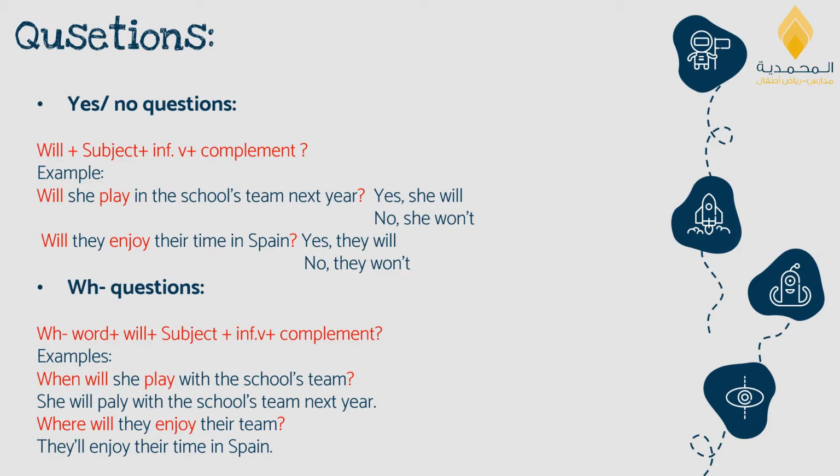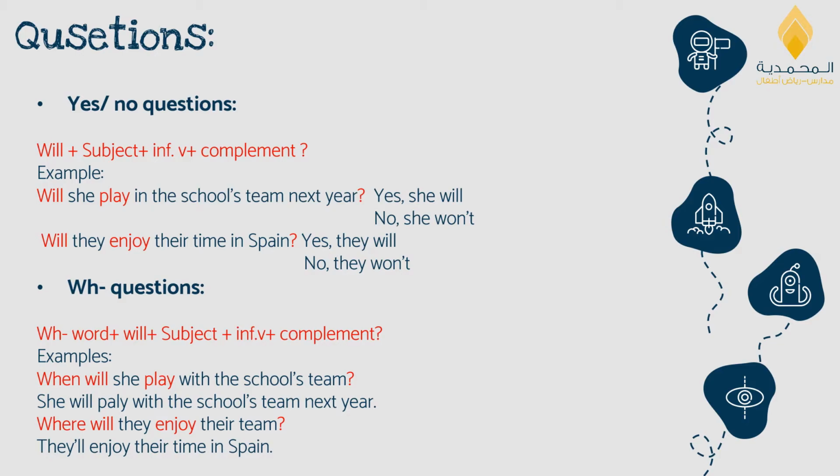When will she play with the school's team? Because we are using the WH word, the answer is going to be a piece of information. She will play with the school's team next year. Another example, where will they enjoy their time? They'll enjoy their time in Spain. They'll is the contraction of they plus will.